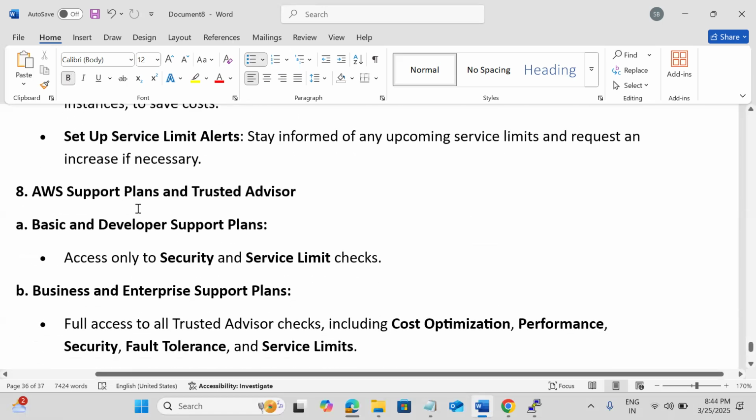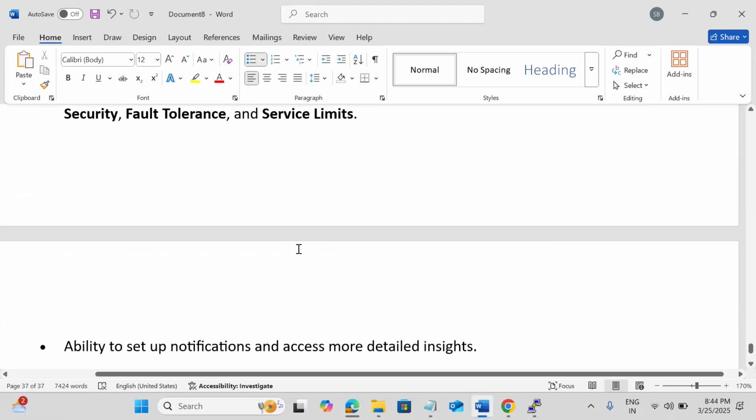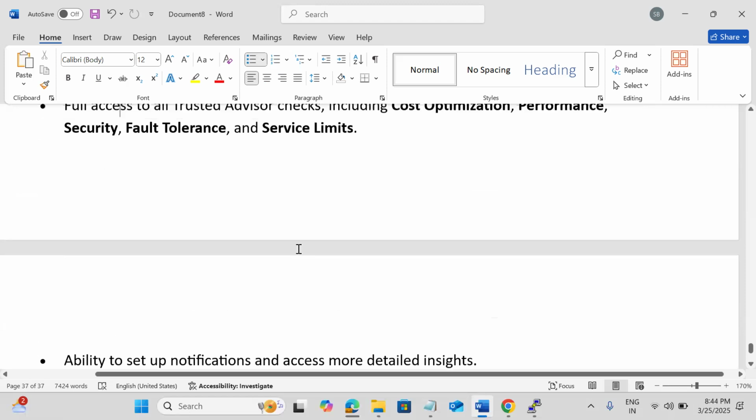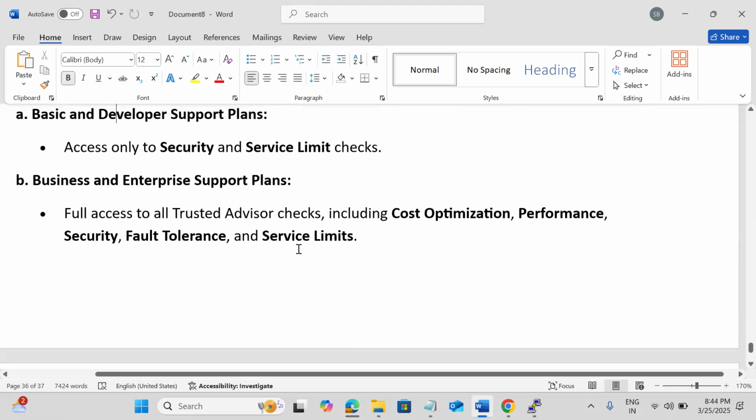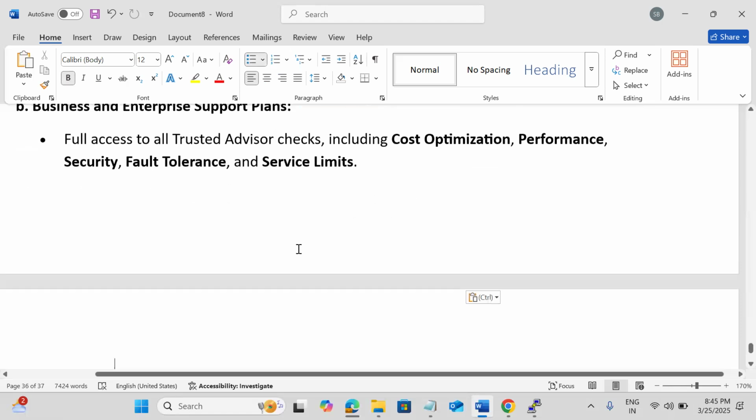Okay, and with the basic plan, we get the advisors only for security and service limits. If you enable Trusted Advisor for fault tolerance or for performance, then with the basic and developer plan they will charge money. But with the business and enterprise support plans, we get cost optimization and performance, all of this, and you need not pay any money for that.